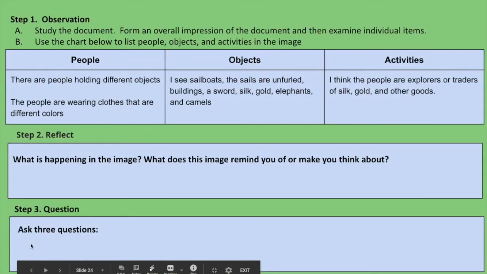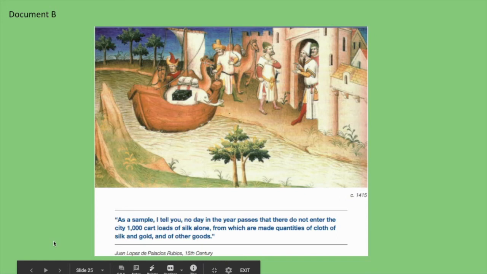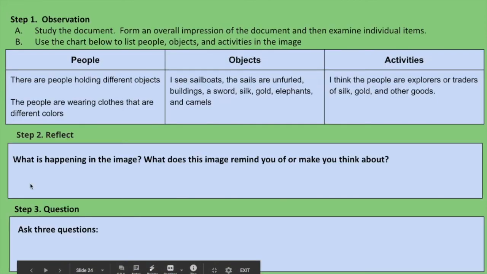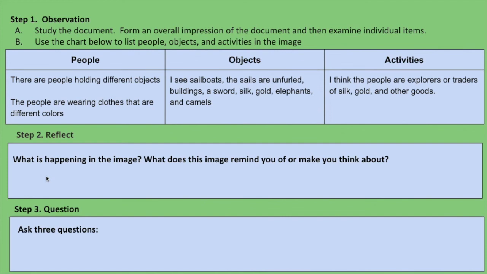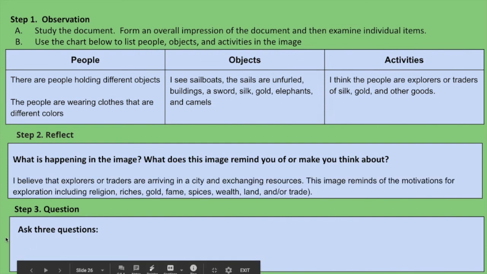Also, using prior knowledge, this image reminds me of the motivations for exploration, including religion, riches, gold, fame, spices, wealth, land, and/or trade. So now I'm going to take the time to make my thinking visible and reflect on these 2 questions in step 2.